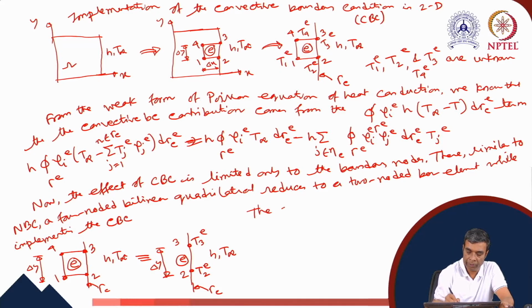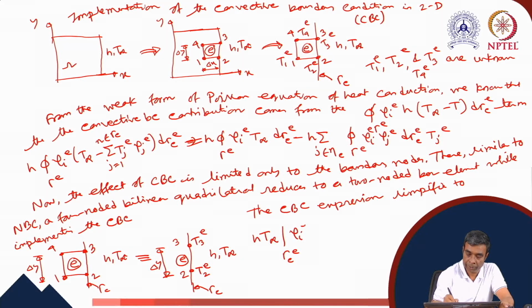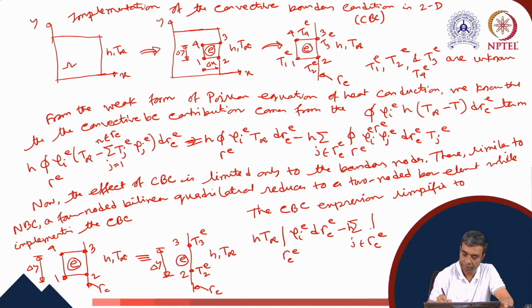The CBC expression simplifies to h T infinity integration along gamma ce of psi ie d gamma ce, since the effect of convection does not reach the interior edges, so we are dealing only with the boundary edge, minus the summation of h integration along gamma ce of psi ie psi je d gamma ce into tje.